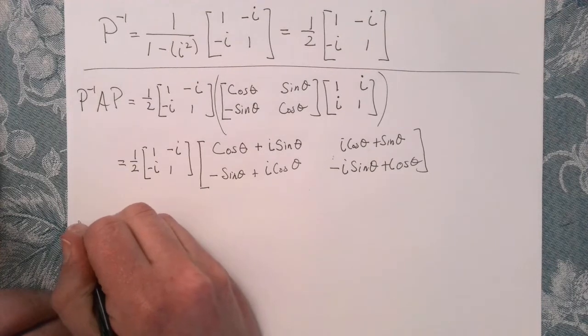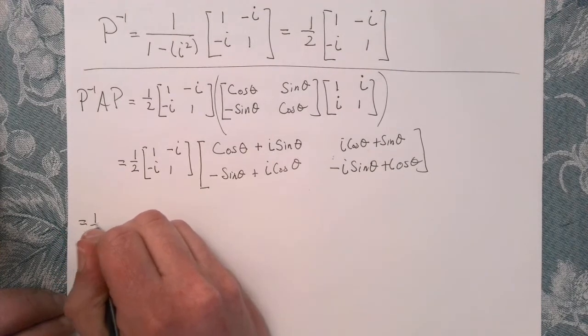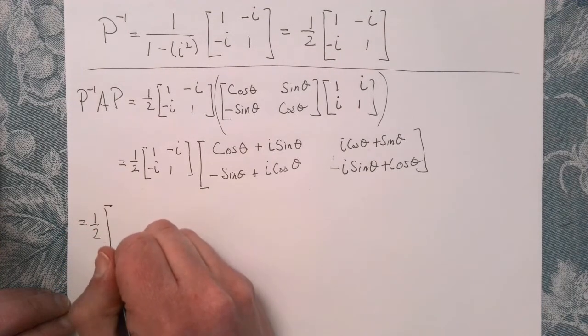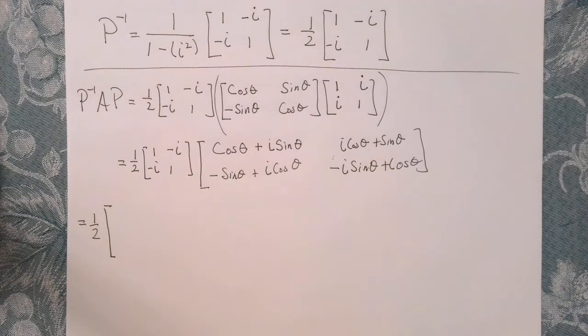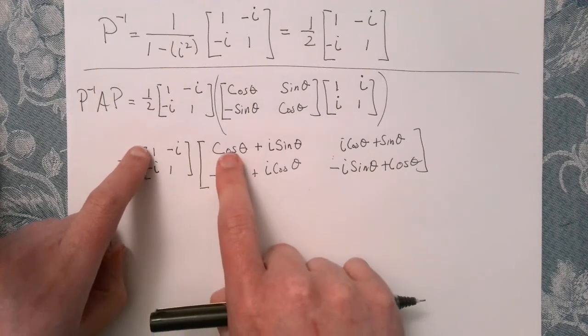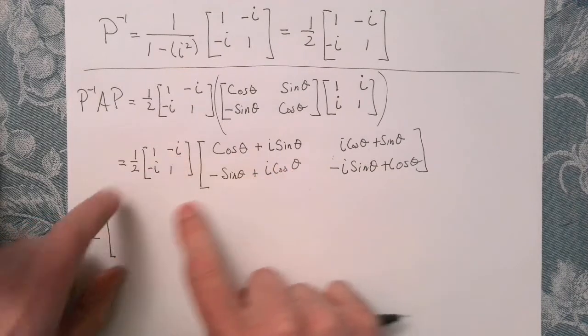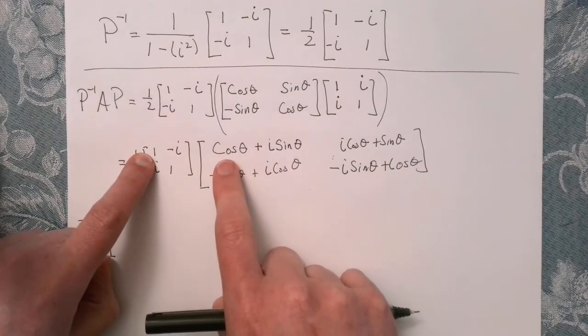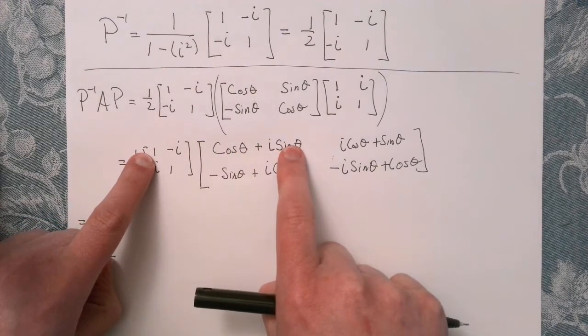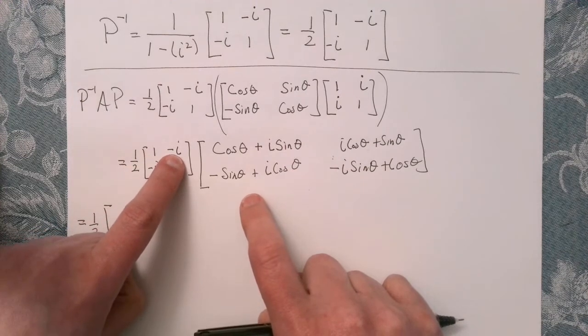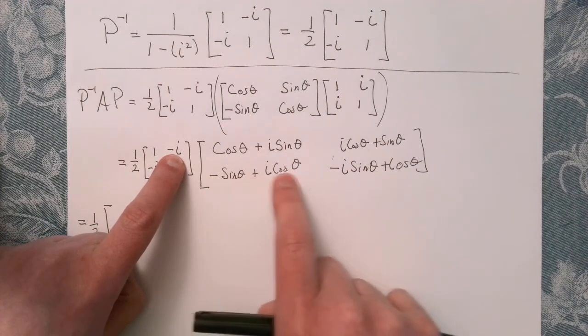So here we're going to be very, very careful. Lots of room for this. Because again, when we do row by column, we have to be very, very careful. So it's going to be this product plus this product for the upper entry. So 1 times this plus negative i times this.